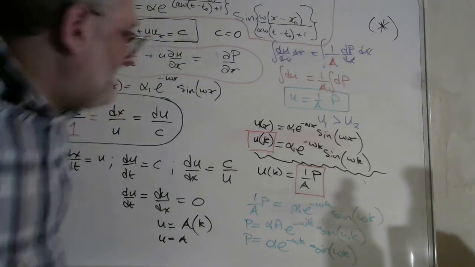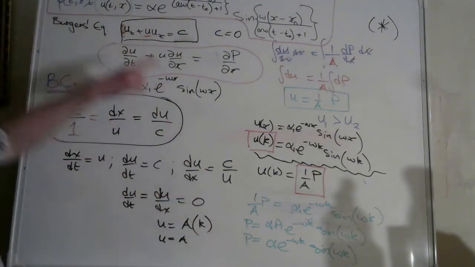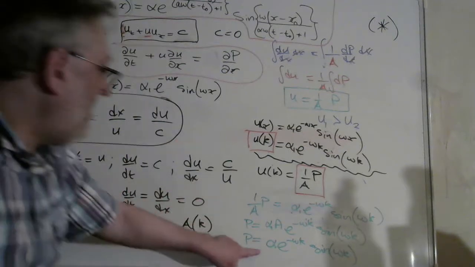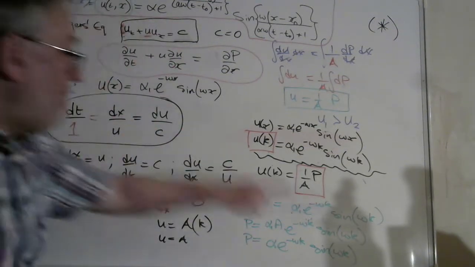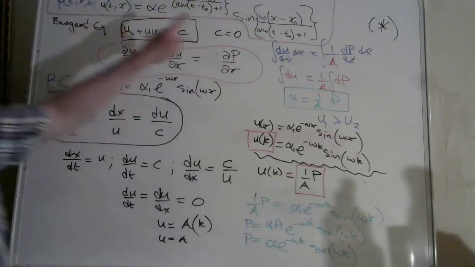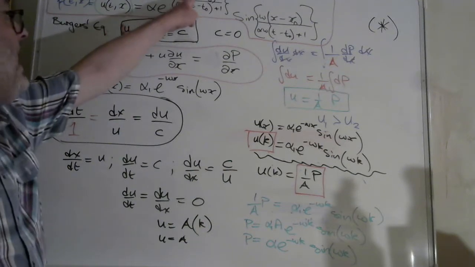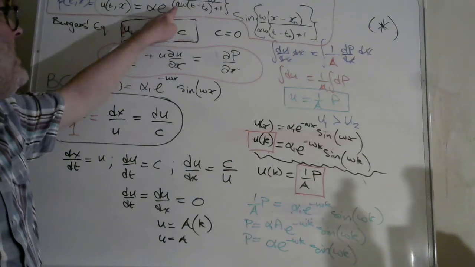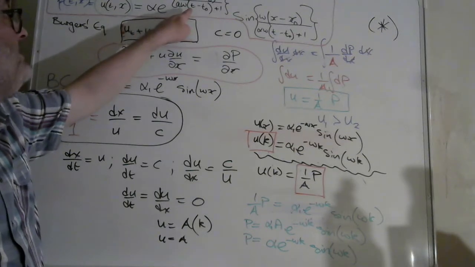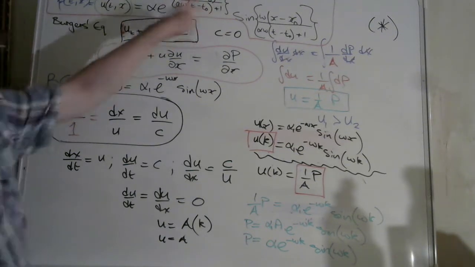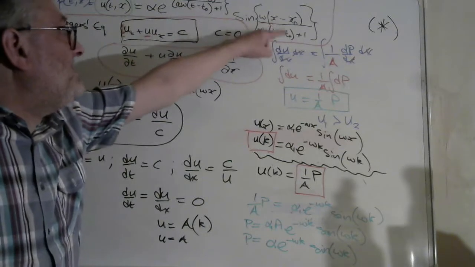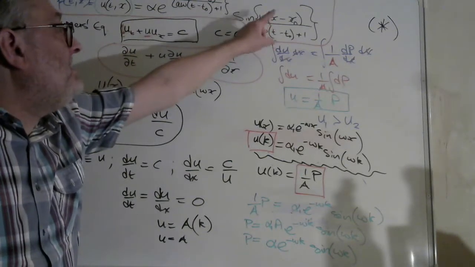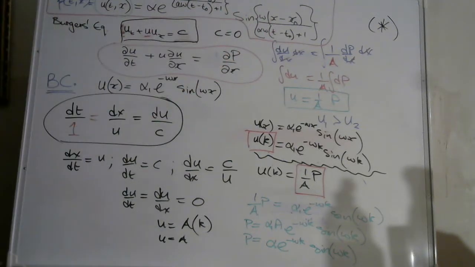And that basically is how we get from that to that to that, bearing in mind that k is equal to x minus x sub 0 all divided by a omega times t minus t naught plus 1. And the same in this part of the sinusoidal argument as well.